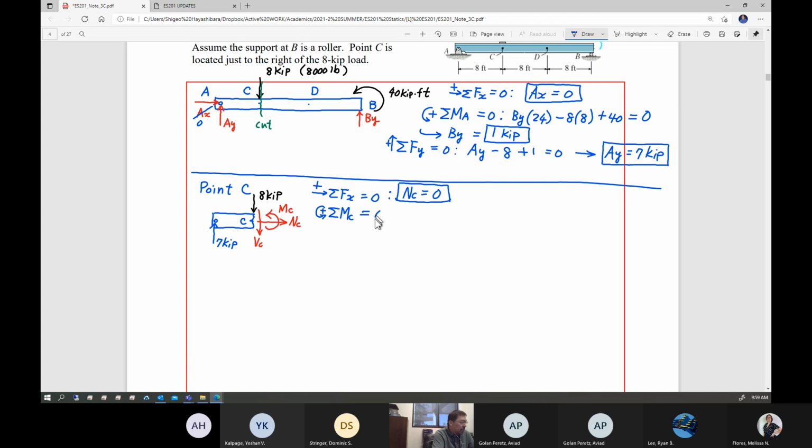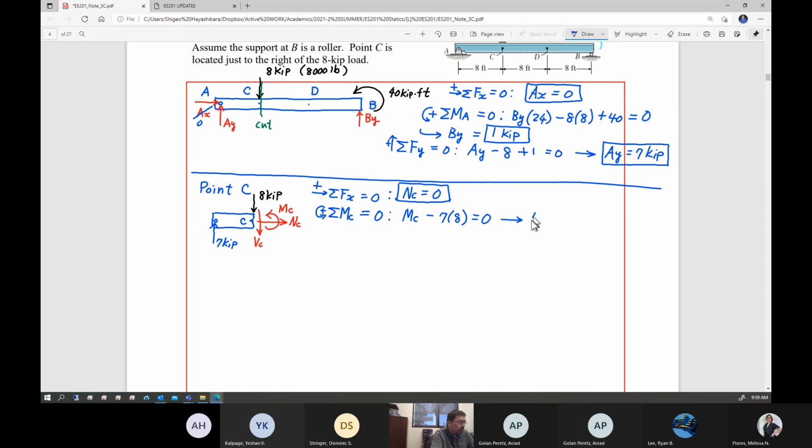So if you do such a thing, summation of the moment taken at location C set equal to 0, you can say moment internally developed at location C, MC, minus 7 kip force multiplied by 8 feet, is equal to 0.